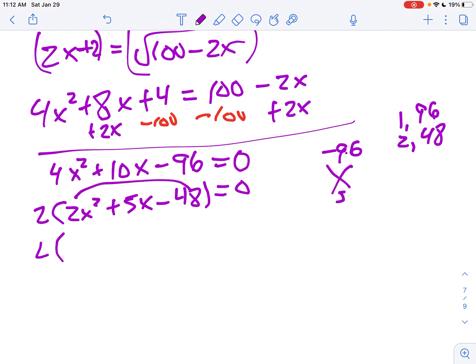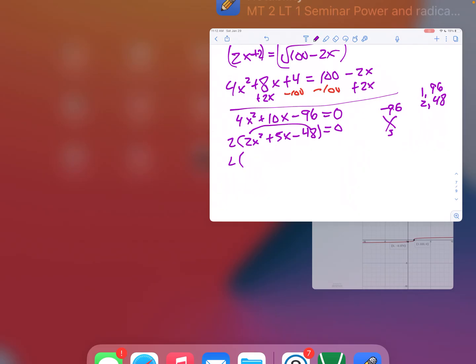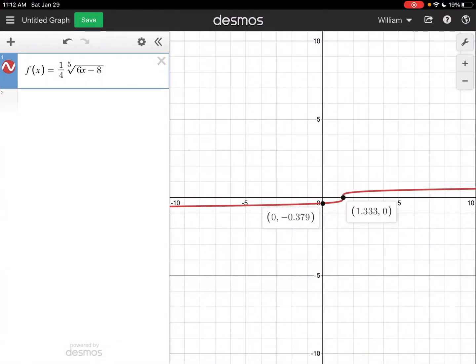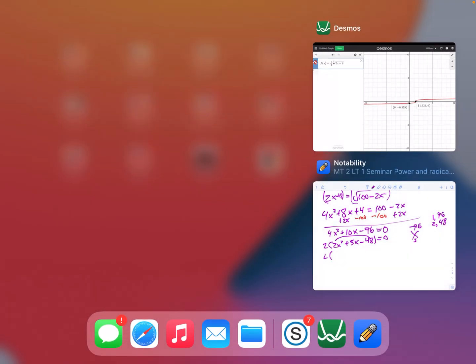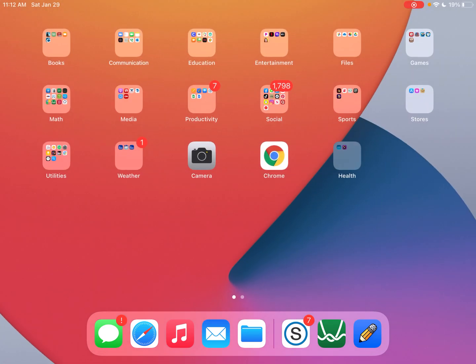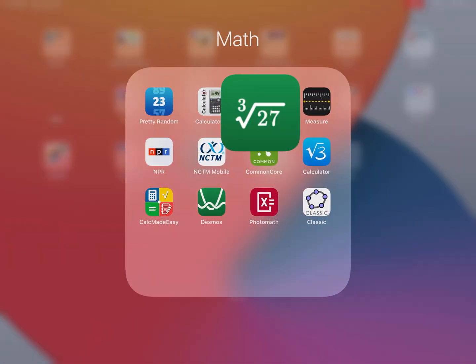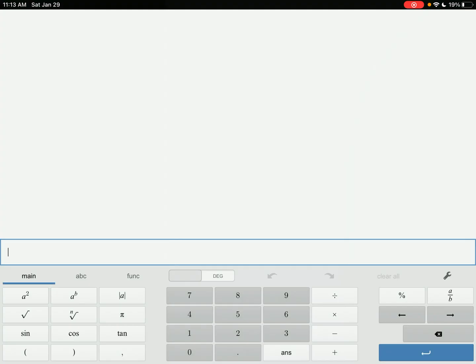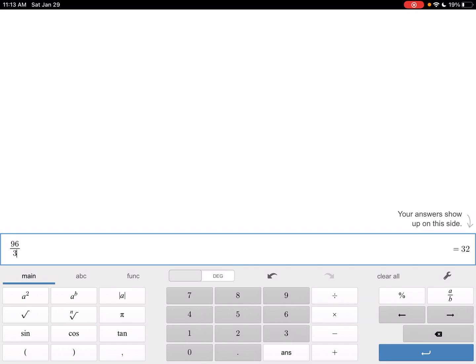Let me see, 96 divided by 3. Kind of embarrassing I have to do this. Let me pull up the calculator here. So if we go 96 divided by 3, I get 32. They are not 5 apart.